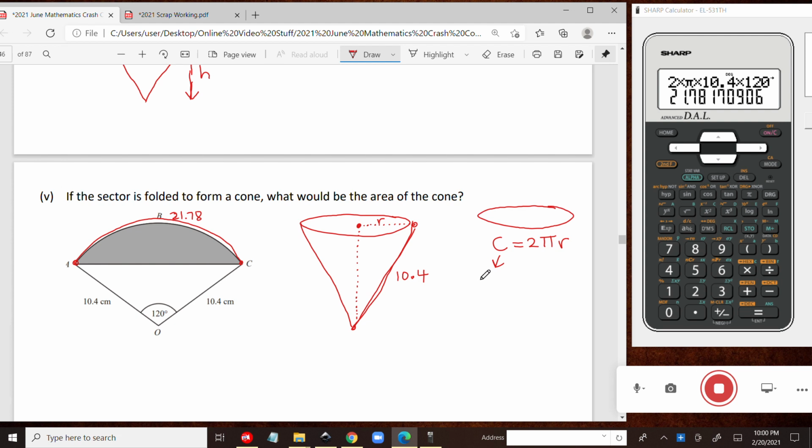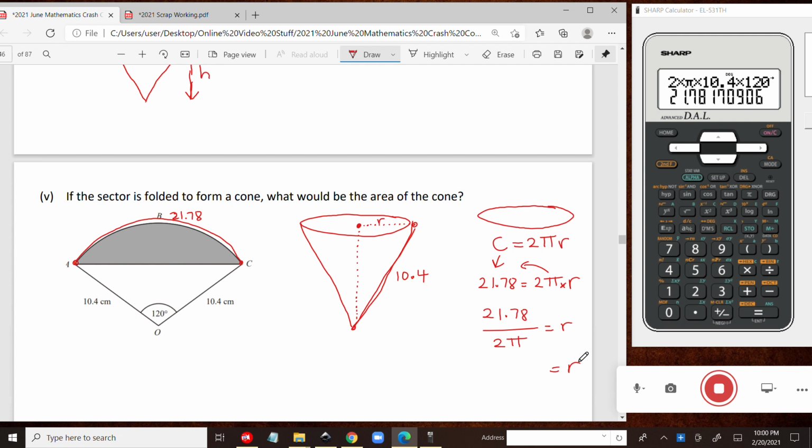It will still be 21.78. Using this now, we can find the radius because circumference is 2 pi r. Throw across the multiply, and we will get a divide. So you get 21.78 divided by 2 pi, and that gives you your radius.